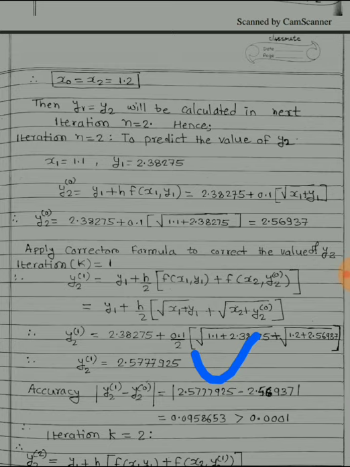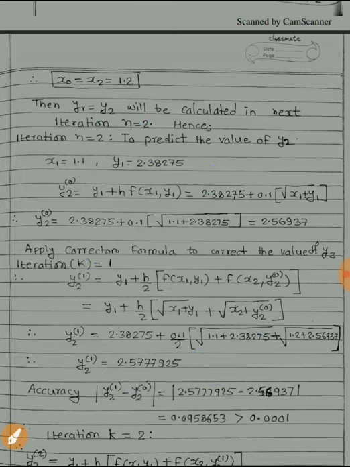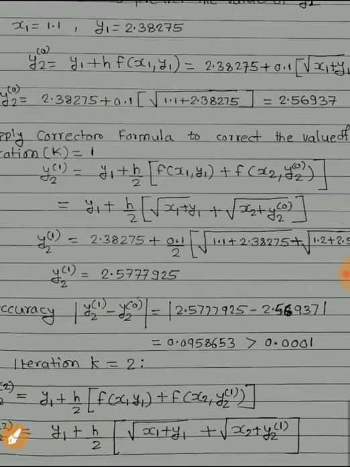Then the next work is to calculate the accuracy. How to calculate the accuracy? New value of y2 minus the previous value of y2. The previous value is represented here as y2 raised to power 0. So I take the magnitude of y2 raised to power 1 minus y2 raised to power 0.